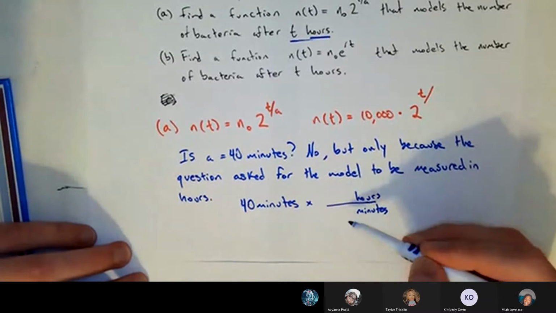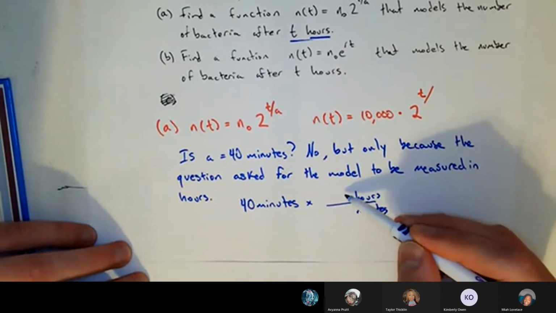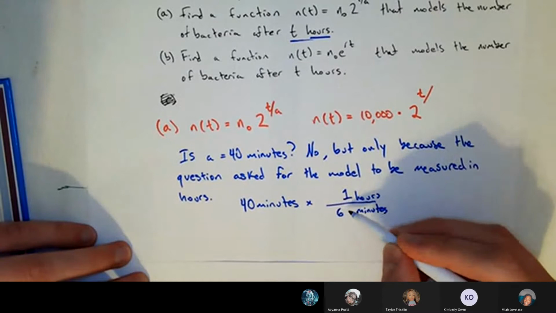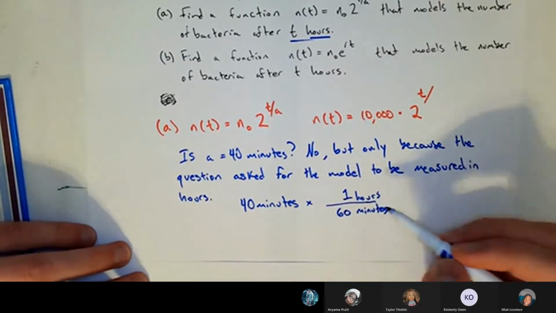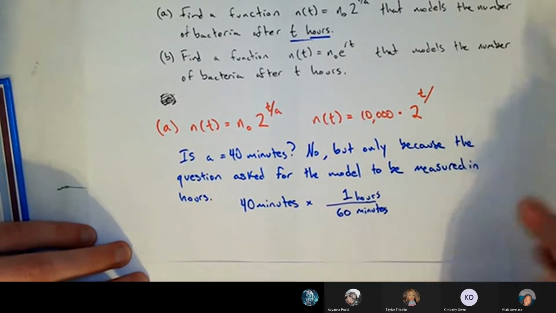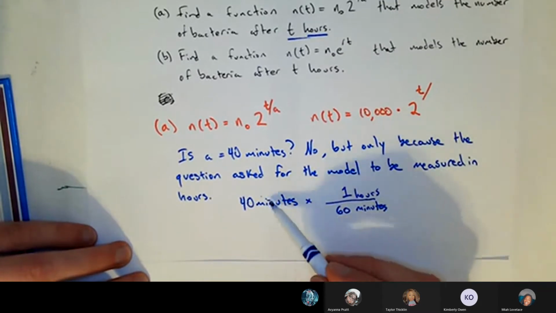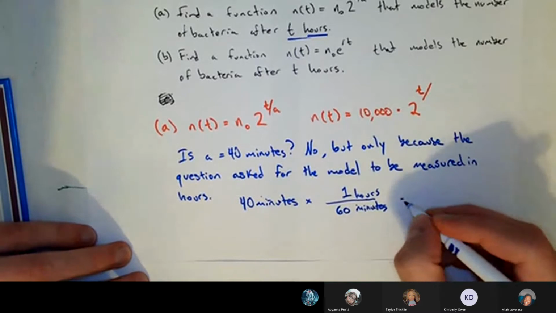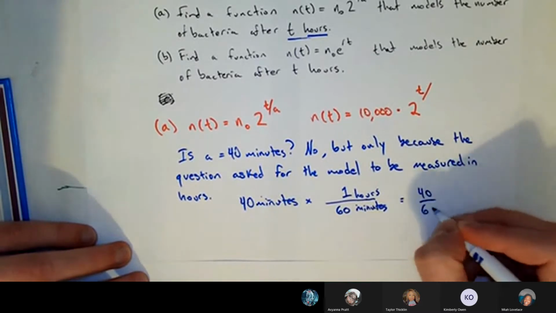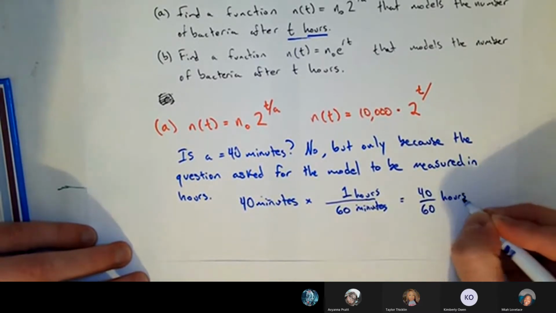Then I have to think about when these two units are equal to each other. Well, 1 hour is equal to 60 minutes, right? That would be the conversion rate right there. So then minutes, the unit literally cancels like a number, and I'm just left with 40 over 60 hours.